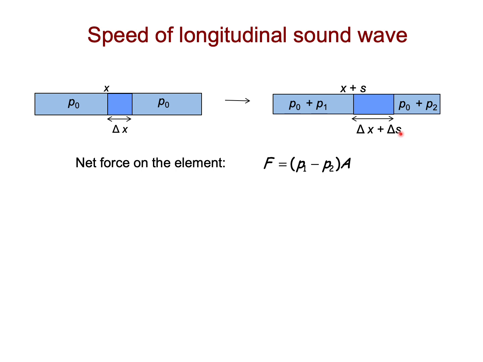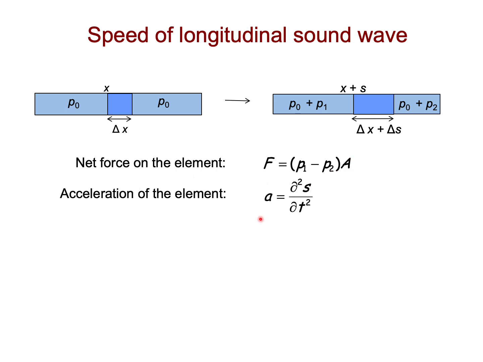But what is the F? Well, F is going to be the pressure difference between this side and this side. The P0s cancel, but we get that the pressure difference is P2 minus P1. And if you multiply pressure by cross-sectional area, that gives you force. So the net force on this little parcel of air is going to be P1 minus P2 times A.